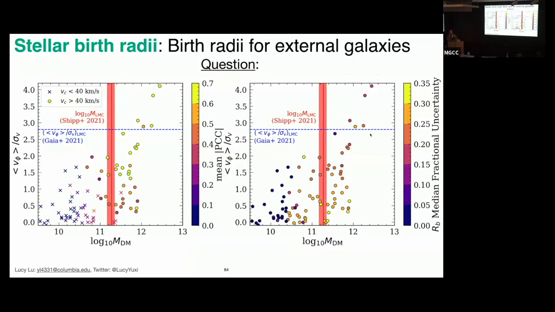And they're colored by how well we can recover the birth radii in the simulation using the method that we described. And here you can see that if you are over the LMC mass and you're in a circular, disky scenario, then you should be able to recover the birth radii, with around 20–25% uncertainty.